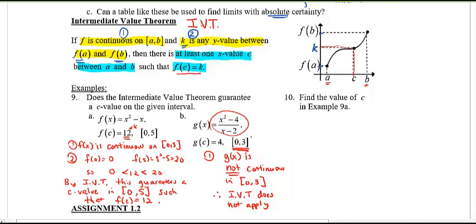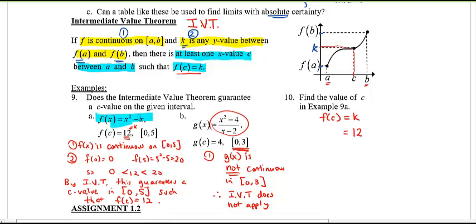Okay, so number 10 says, hey, let's go back to example 9a. We said that we should be able to find the value c, so let's go ahead and find it. So remember, the idea is f of c must be equal to k. So the k value is 12, and f of c would just be me taking the function f of x and replacing x with c.